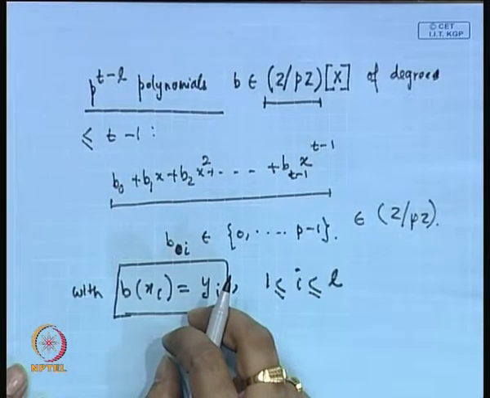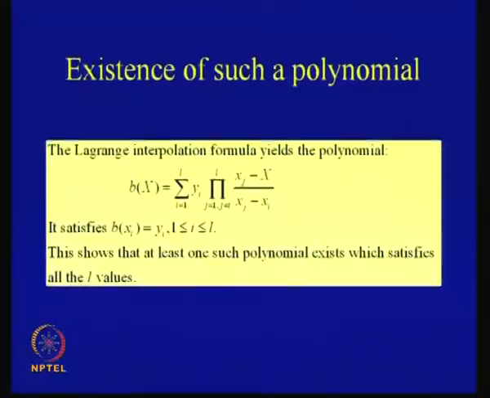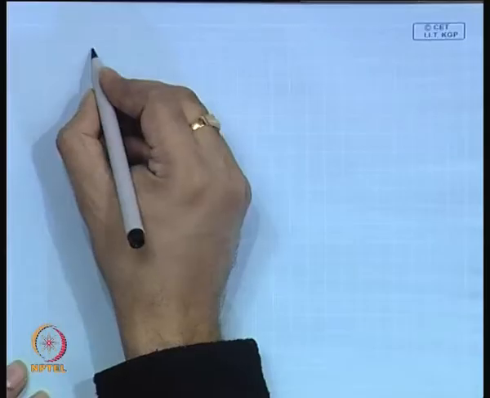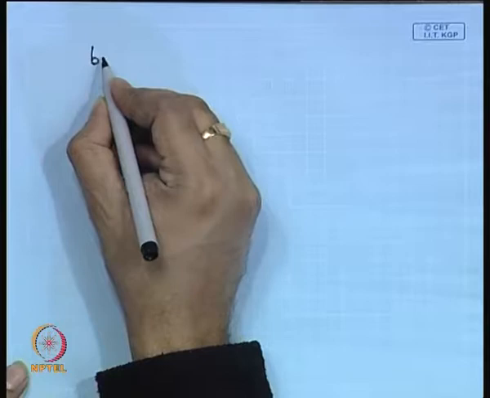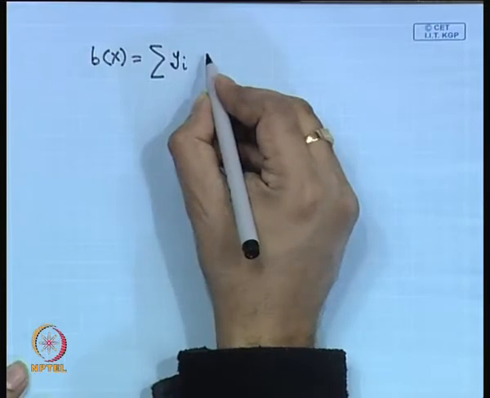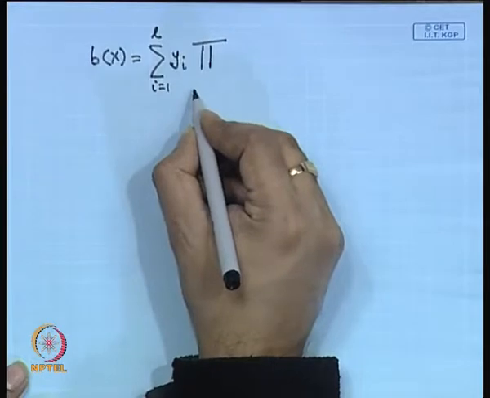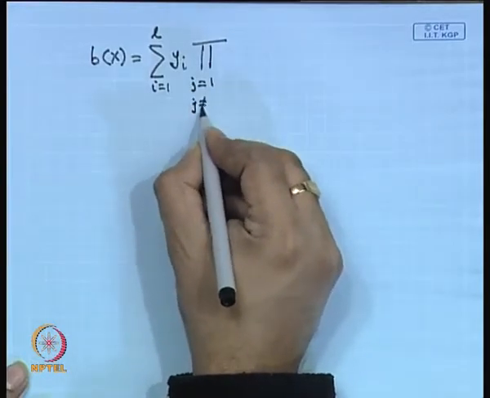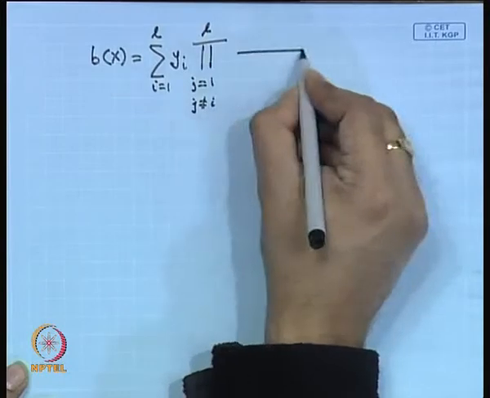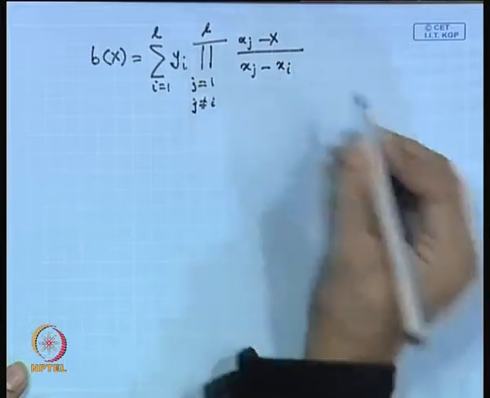Okay. Now, why so? In order to understand that, you consider the Lagrange's interpolation formula. The Lagrange's interpolation formula says that if we have a polynomial b(x) which is constructed as follows: you take a sigma over y_i where i varies from 1 to L, and then there is a product from j equal to 1, j not equal to i, till L, of (x_j minus x) divided by (x_j minus x_i).